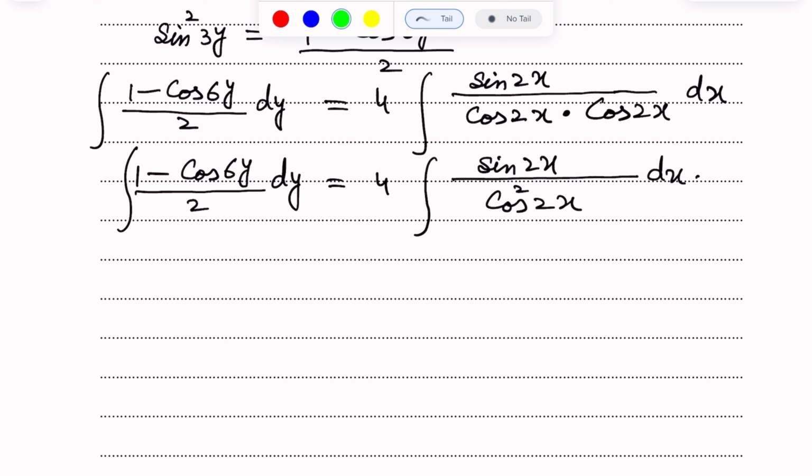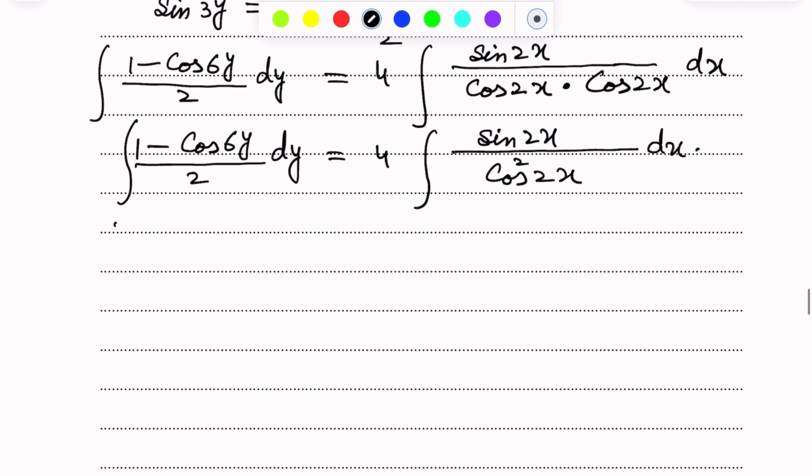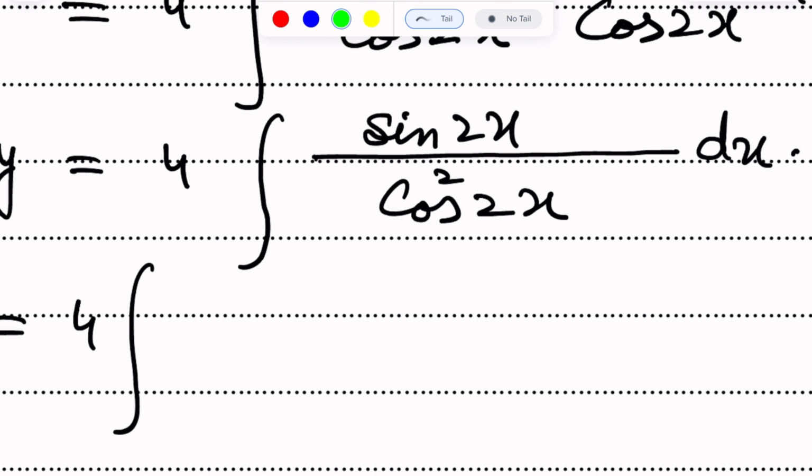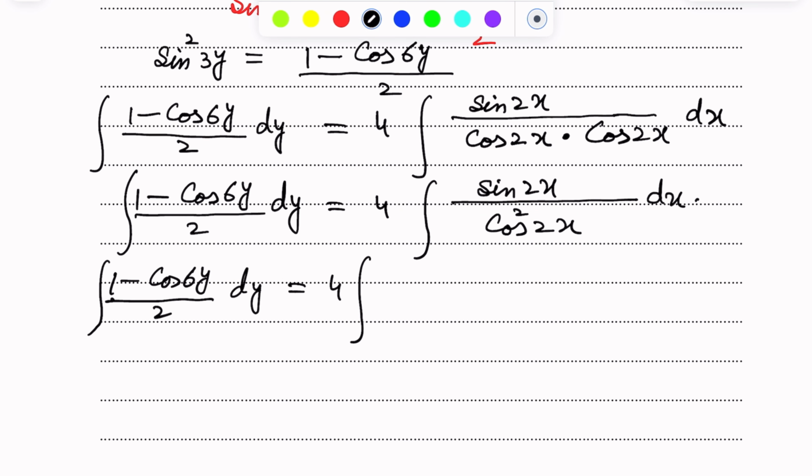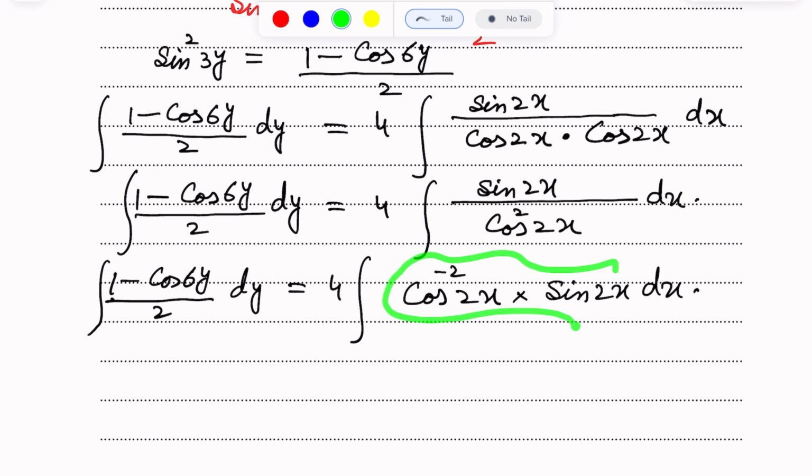First we write it in this form: 1 minus cos 6y over 2 with respect to y, equal to 4 integration of, taking this denominator in the numerator, the sign of the power will be changed, so it will be written as cos power minus 2, 2x into sine 2x. Now which formula will be used here?